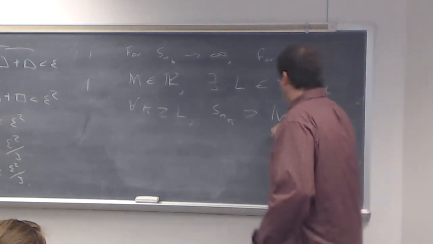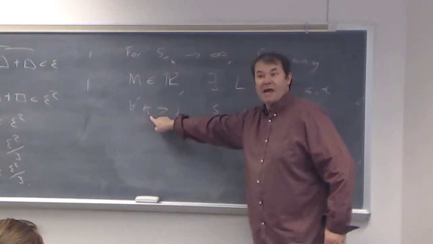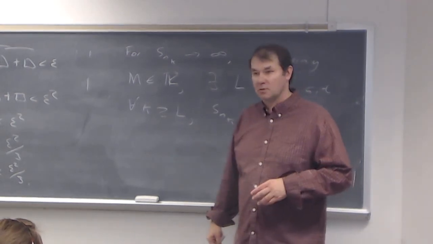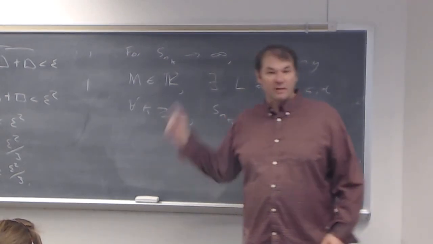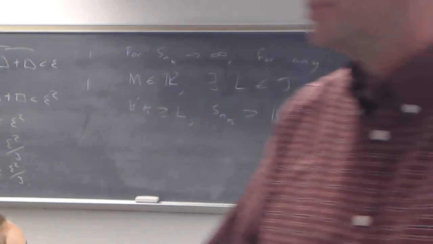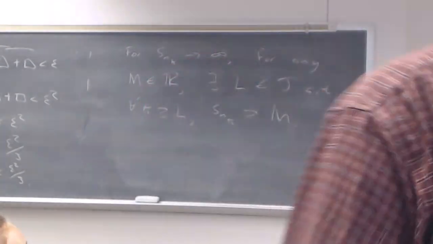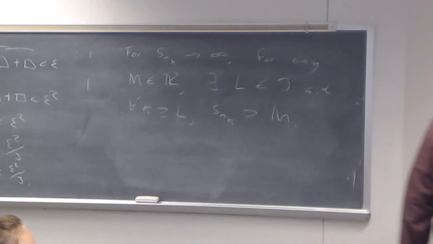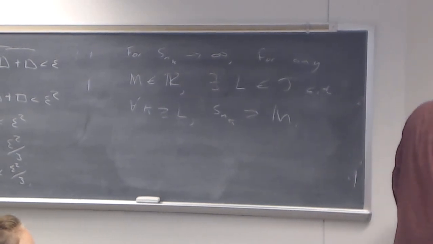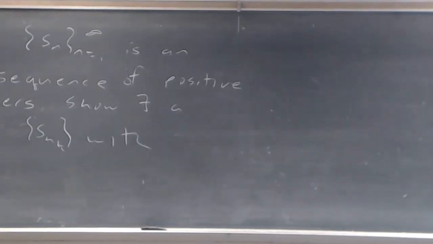So you're bigger than it for all positions after a certain position. Evan, is that okay? Okay. So that's the definition. That's what we use to verify something. It's not the only way; we have facts that we can use to verify things. That's what I had in mind here as the definition.